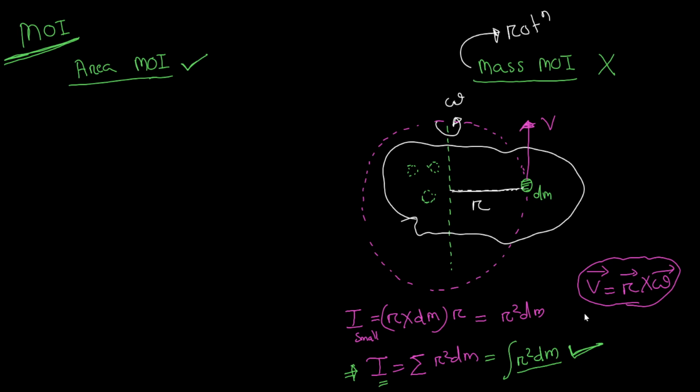This is the concept of mass moment of inertia. Suppose there are different types of objects, a circular object, a rod which is rotating, many shapes. We will take small masses, then calculate about a certain axis how the mass moment of inertia will be calculated.